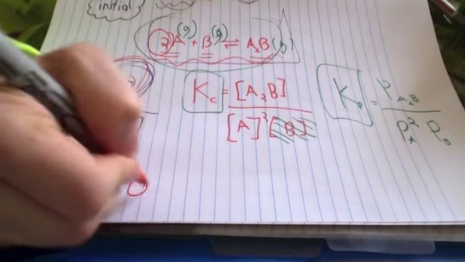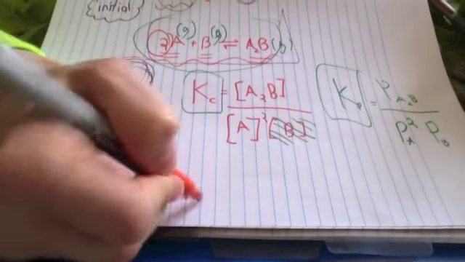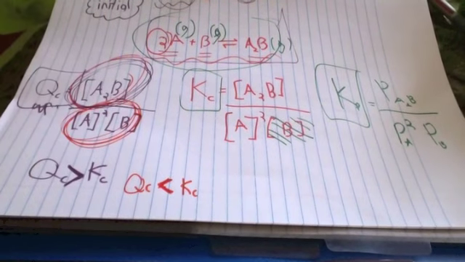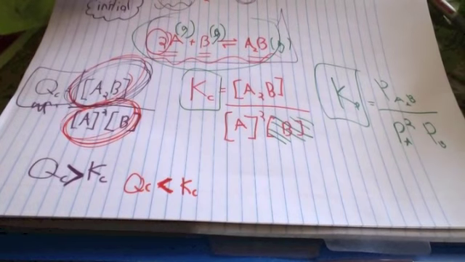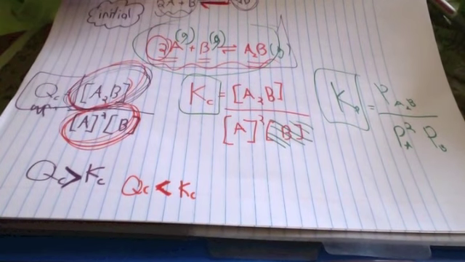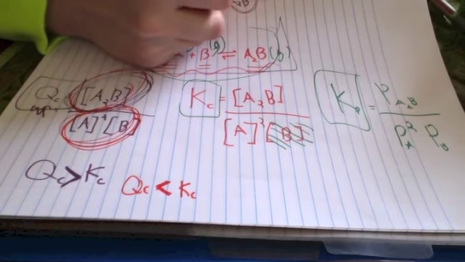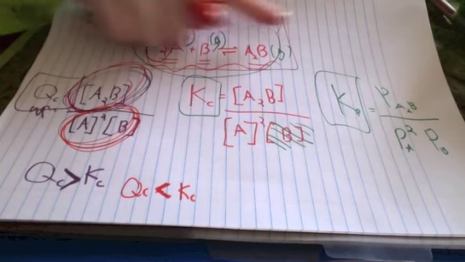If Qc, the reaction quotient, is less than Kc, then that simply means that it's too heavy on the bottom. There is a higher concentration of reactants than need be at equilibrium. Therefore, the reaction will be shifting towards the product this way.